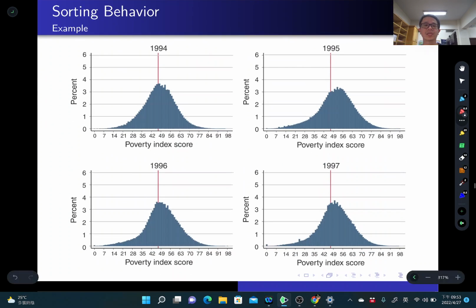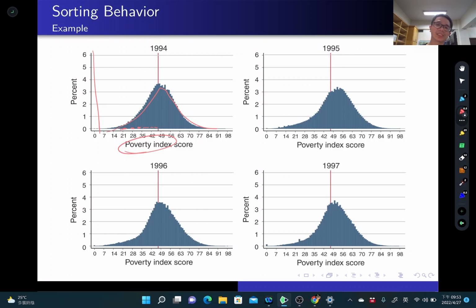Okay, so here is the example. That's what I mean. We should examine whether there's any discontinuity in the distribution of your assignment variable. The y-axis is the share of the sample of individuals located in a specific interval of the poverty index score.